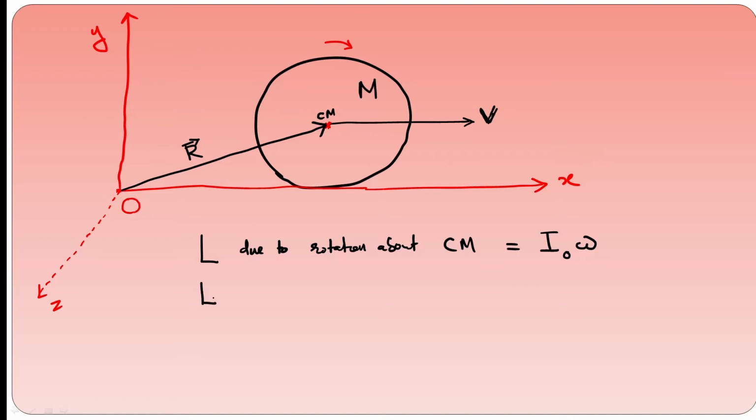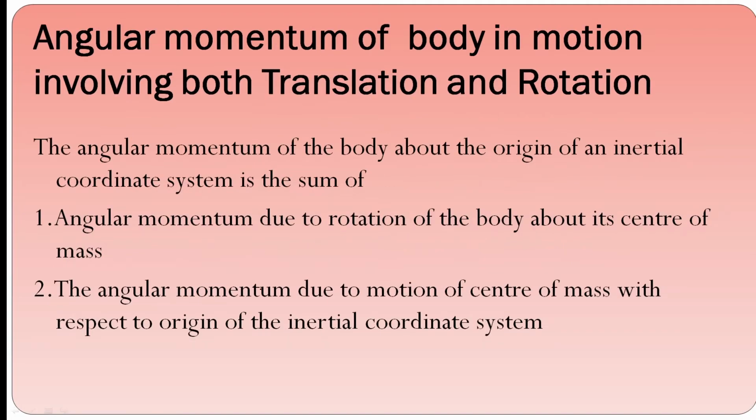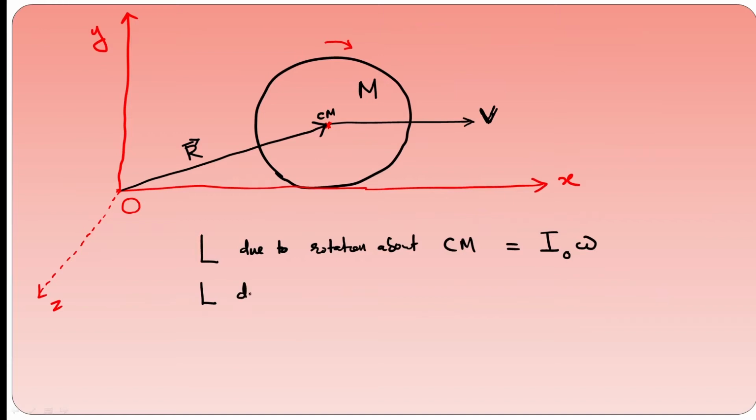Now what we have to calculate is the angular momentum due to motion of the center of mass with respect to the point O. You can see point O here.